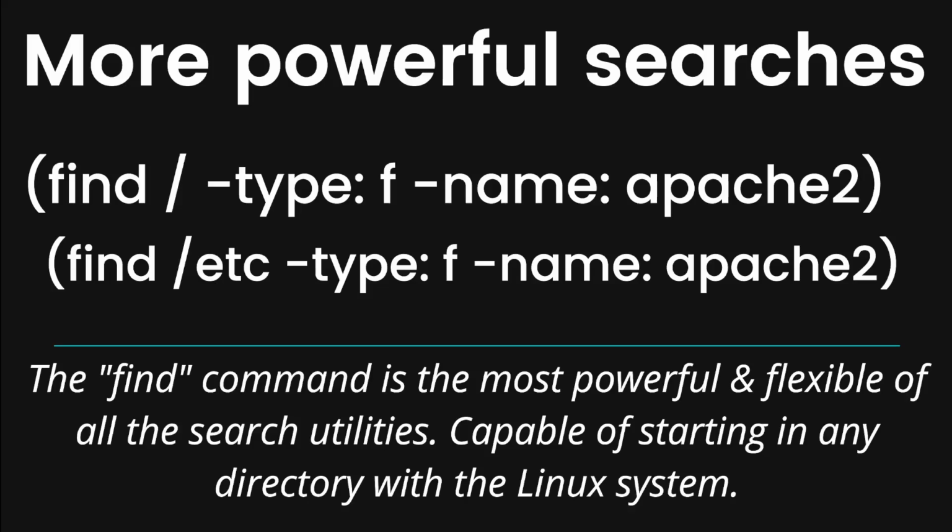You have to put the type of what you're looking for. If it's a file, you put f. So -type f, and then -name, the name of what you're looking for. In this case, if you put apache2, it will display all the locations where apache2 is located.